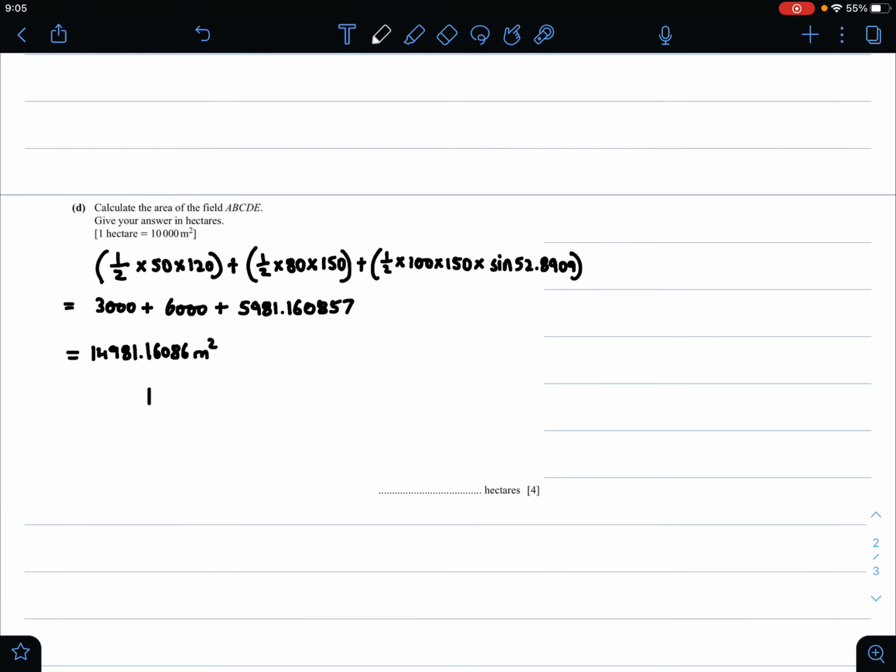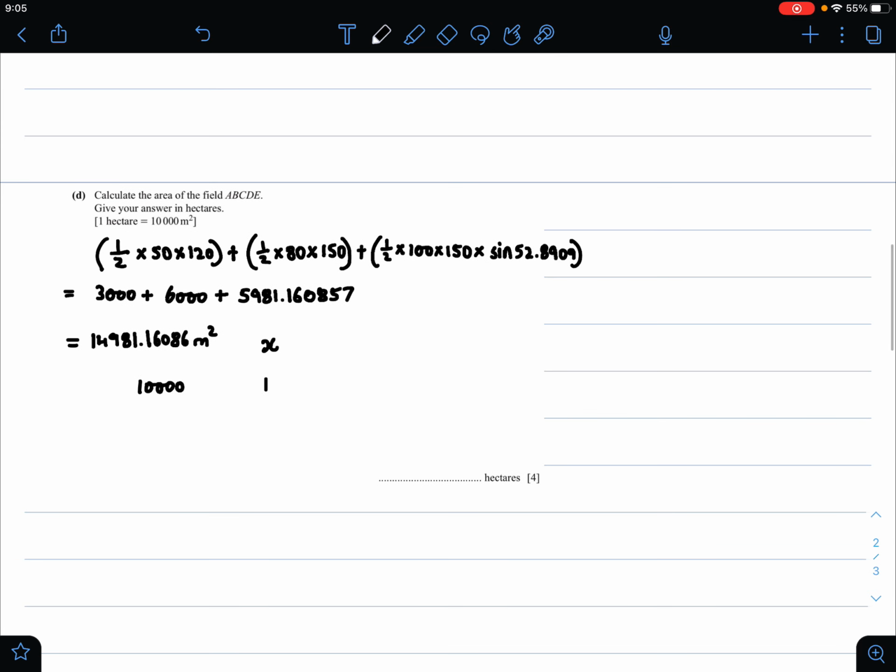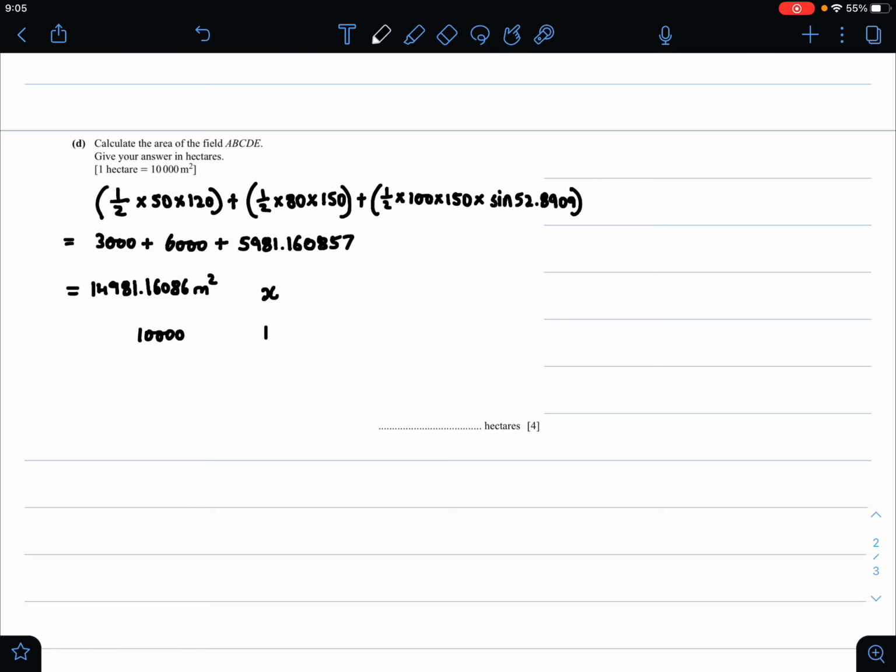So they are telling us 1 hectare is 10,000 meters square. So we have to calculate how many hectares 14,981.16086 meters square is. So now we can simply cross multiply.